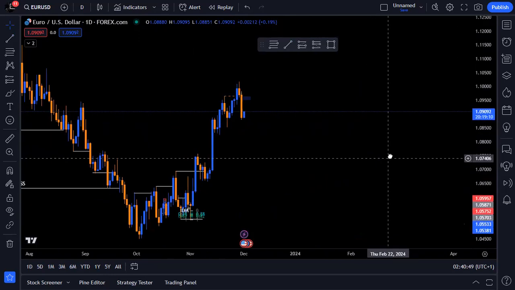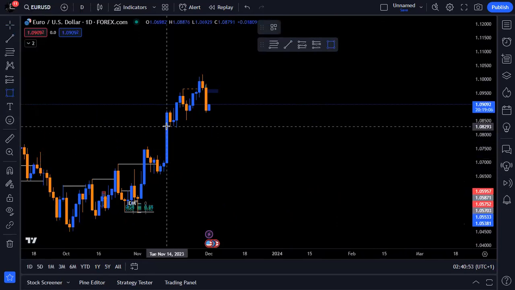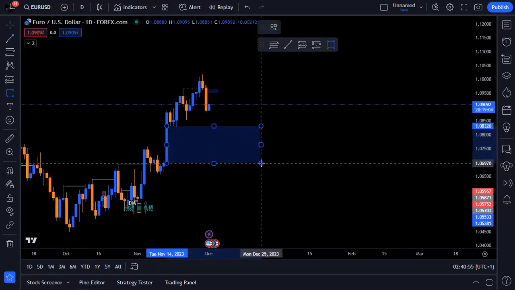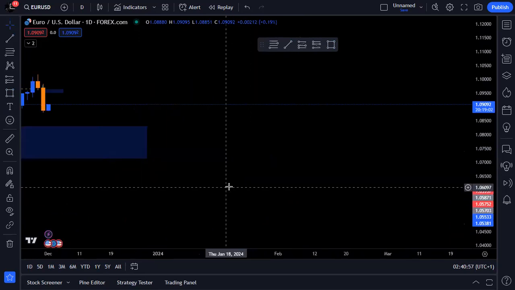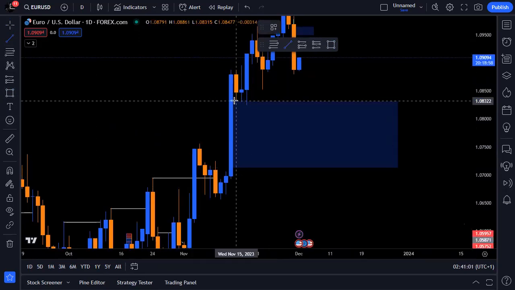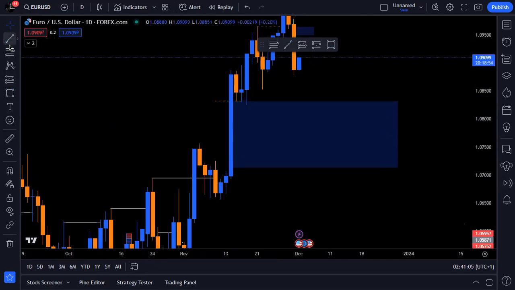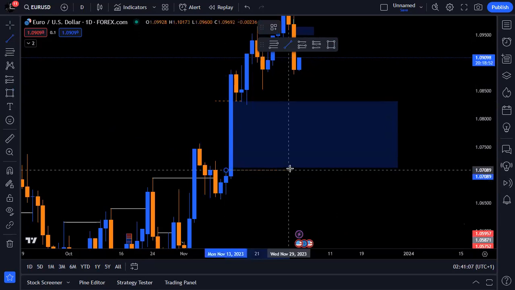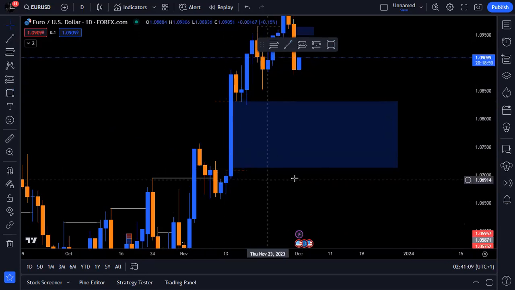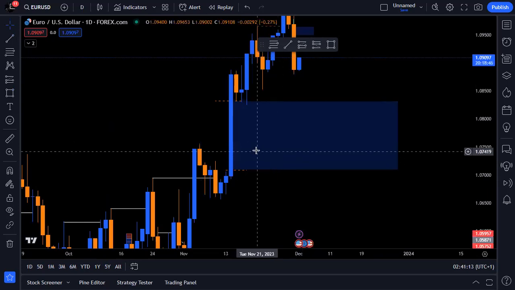This is a very, very huge imbalance we have over here. If you look closely, you will see that this is where this candlestick stopped, and this is where this one also stopped. So now we have this as a very huge imbalance.